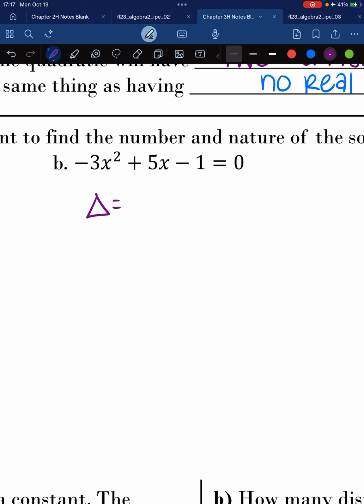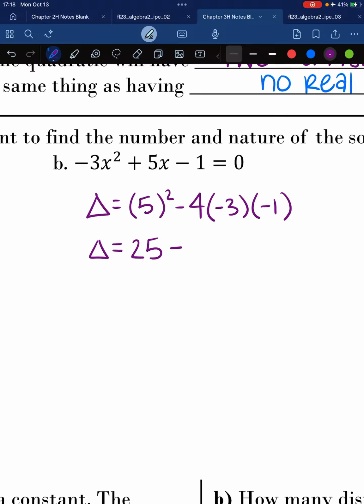x equals negative b plus or minus the square root of b squared minus 4ac. And notice the discriminant does not actually include the square root part of it.